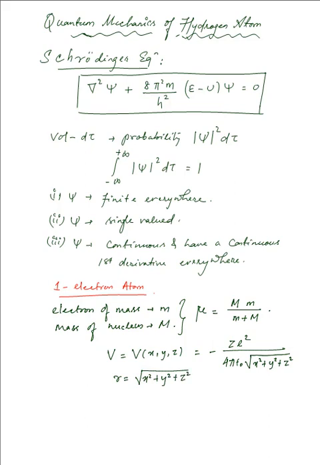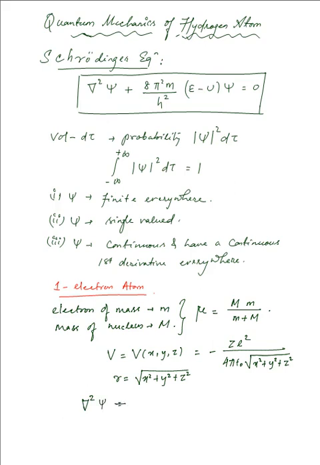They are the coordinates. Now the Schrodinger equation for such a system has been provided earlier. Instead of the m that we see at the top, it is now replaced by the reduced mass.